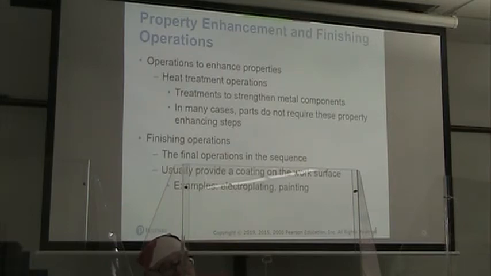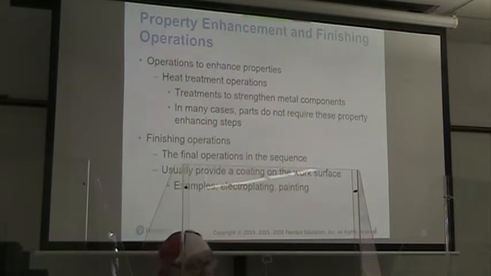Then we have property enhancement and finishing operations. Operations to enhance the properties might be heat treatment operations. Those can be used to strengthen the metal components, but the parts may not need property enhancing steps.